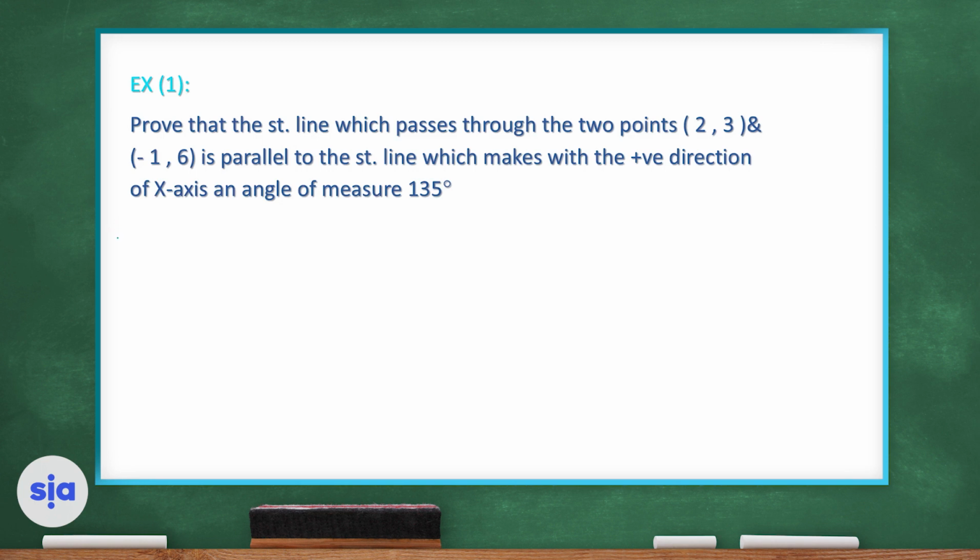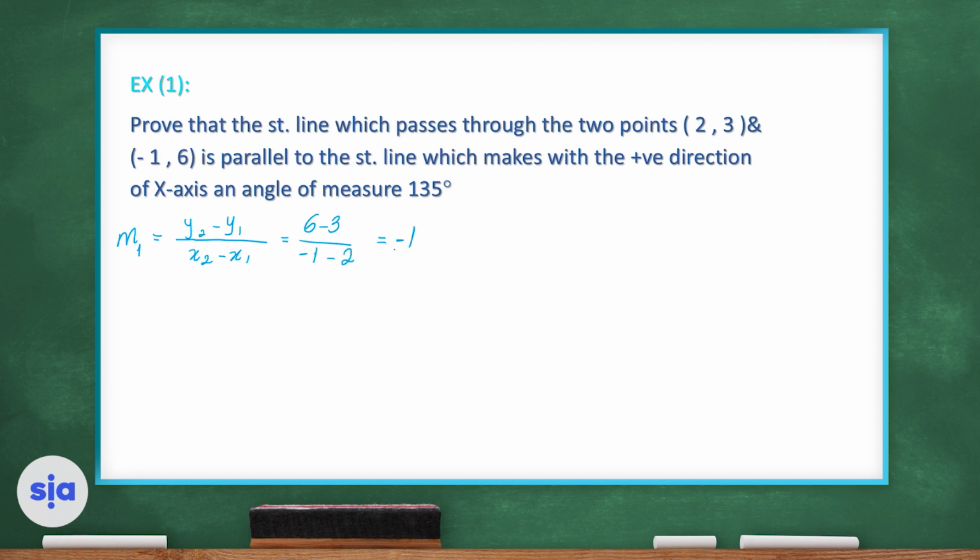Here, we can say that the slope of the first line is y2 minus y1 over x2 minus x1, which is 6 minus 3 over -1 minus 2.